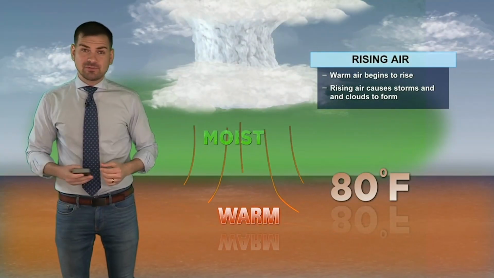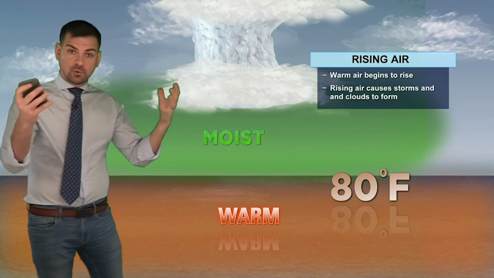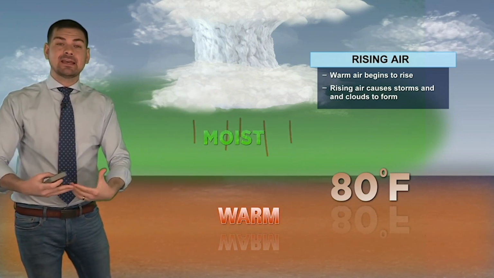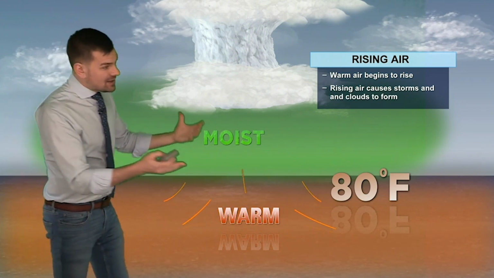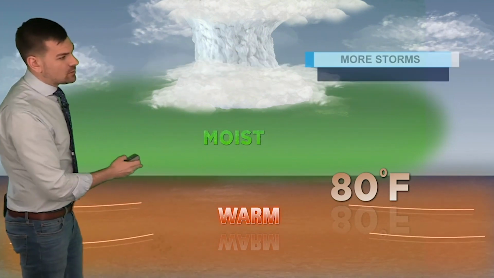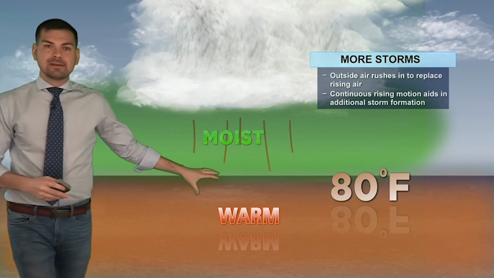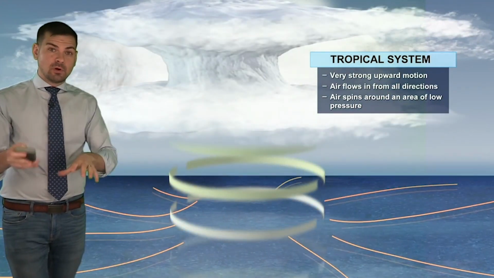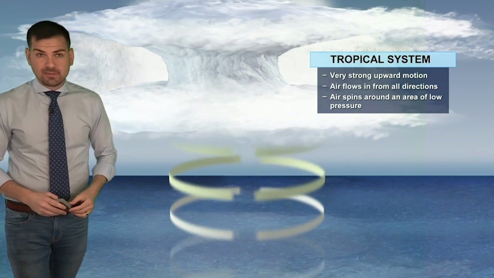Just like with thunderstorms on the mainland, that warm, moist air rises into the atmosphere, cools and condenses, and as that happens time and time again, you get the development of showers and thunderstorms. Eventually, you have outside air replacing that initial air rising into the atmosphere, and that begins to rotate counterclockwise. This will promote the development of your area of low pressure, and a tropical system is born.